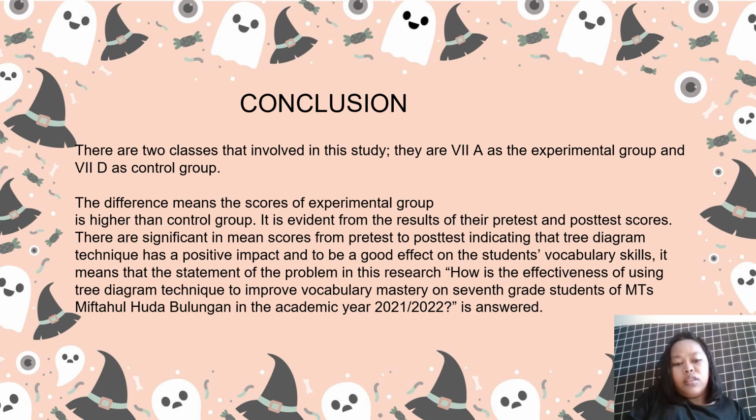It means that the statement of the problem in this research, how is the effectiveness of using the tree diagram technique to improve vocabulary mastery of 7th grade students of MTS Miftahul Huda Bulungan in academic year 2021 and 2022, is answered.